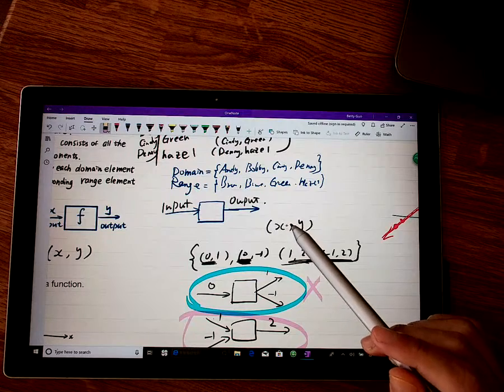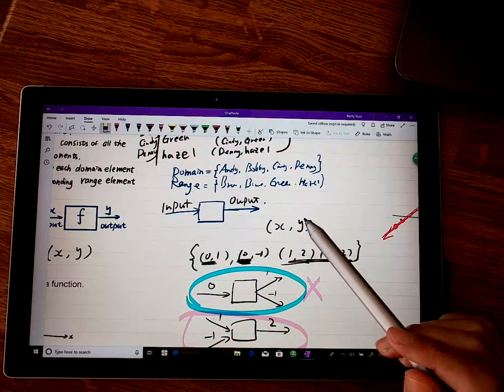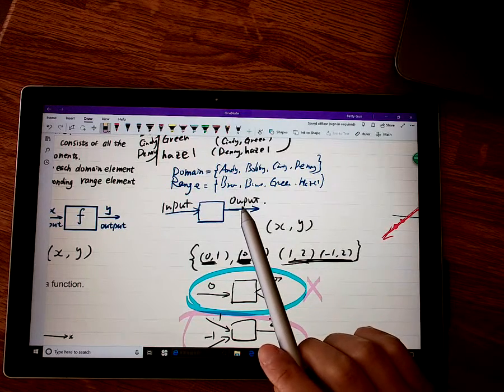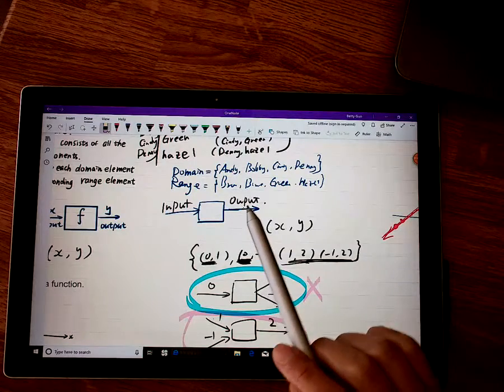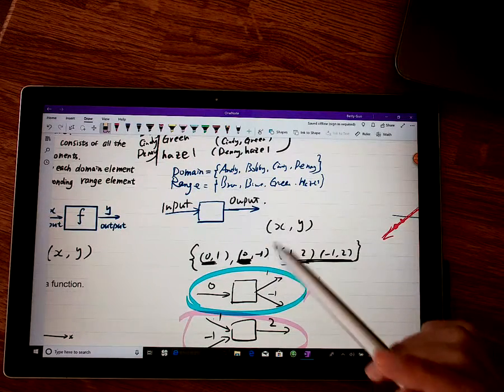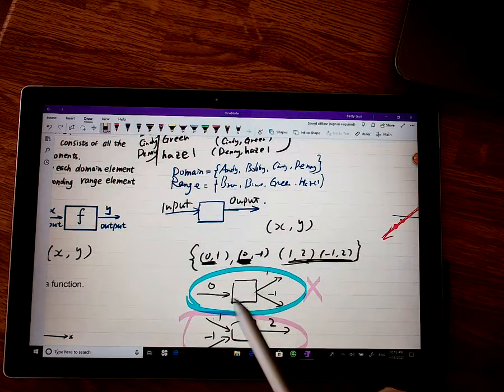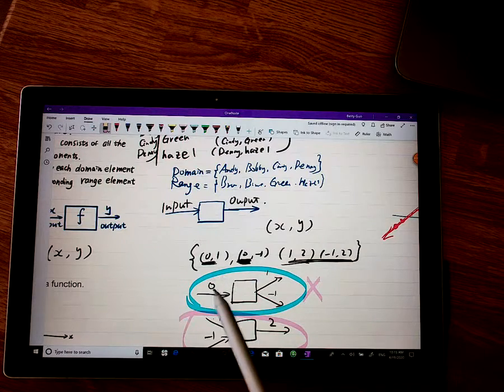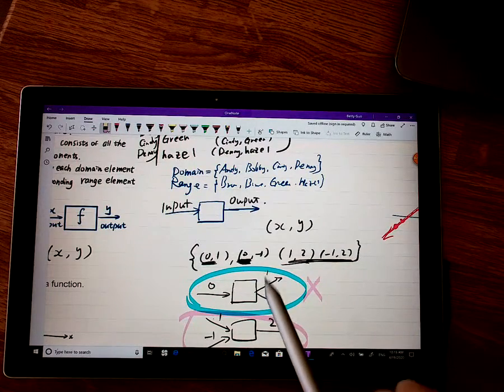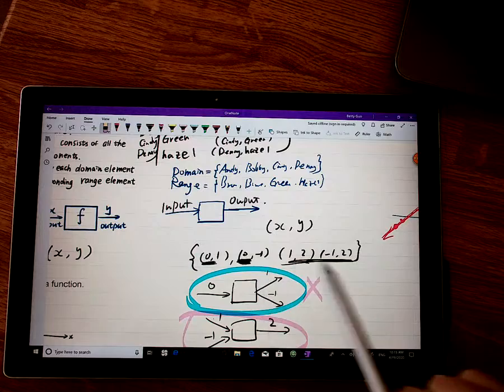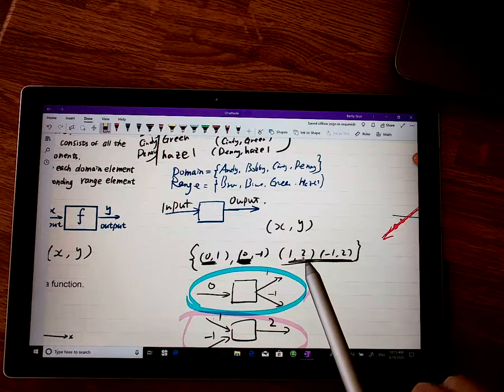The domain element X is the input. The range element Y is the output. So when you give the machine input 0, you have two different outputs. By the definition of a function, this relation is not a function.